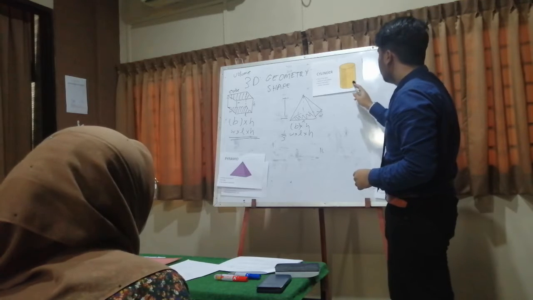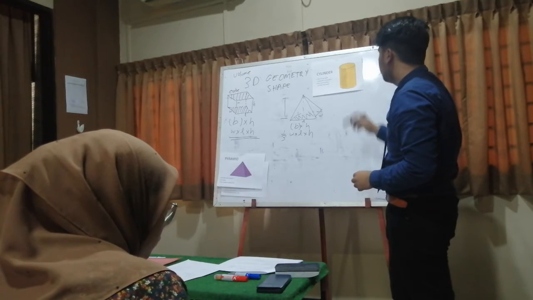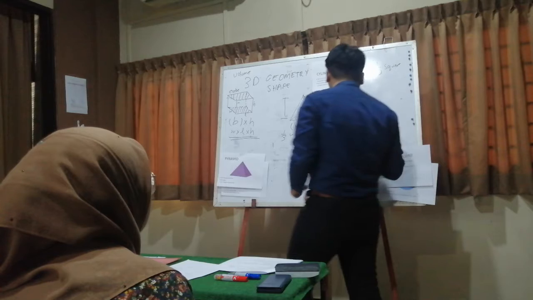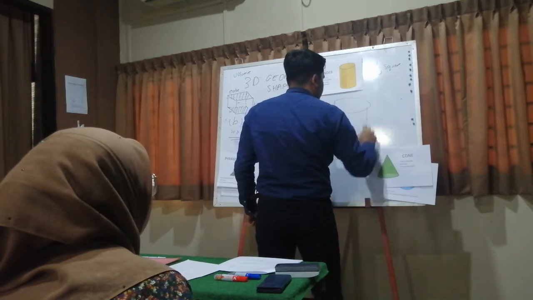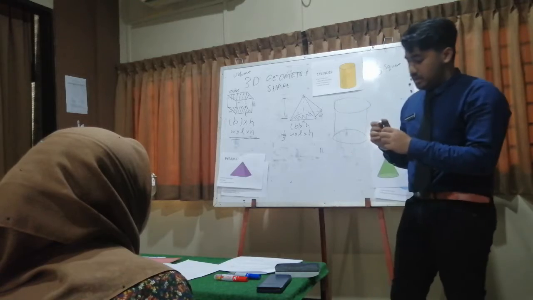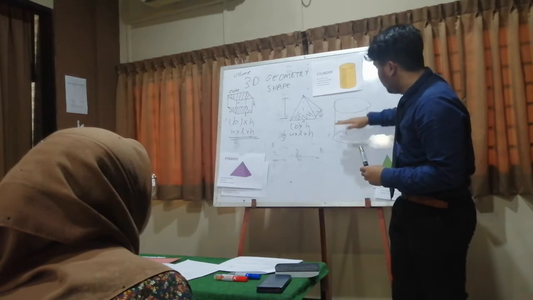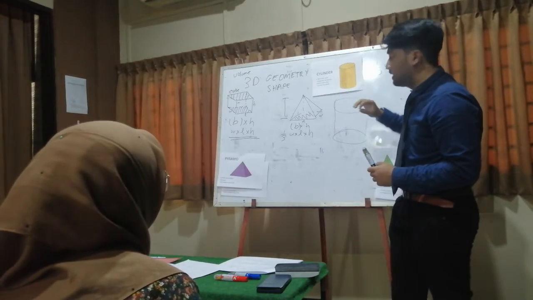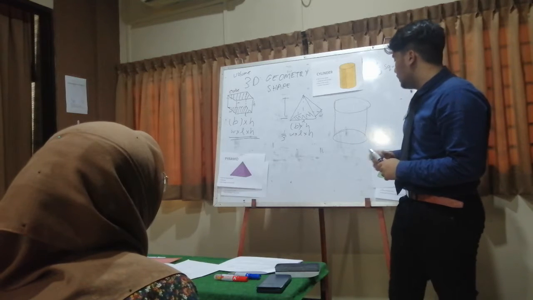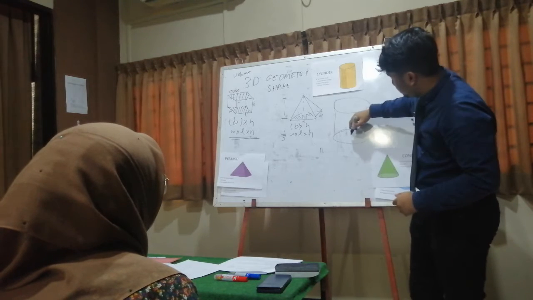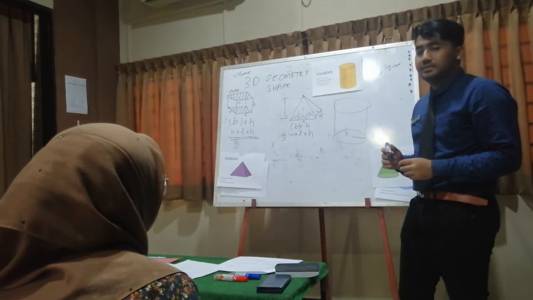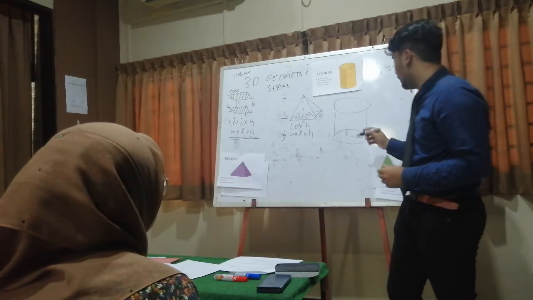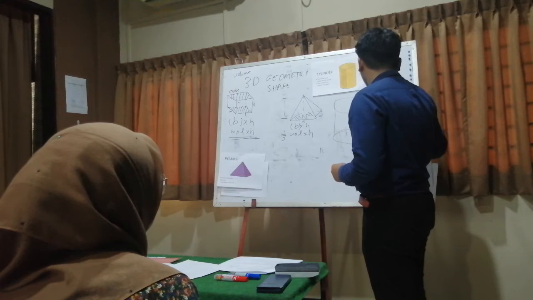The cylinder has two circular bases that are similar. It means that every time you go up higher, it won't decrease any of the value. So, what is the area for the circle? Anyone? Pi r square. Okay, pi r square.